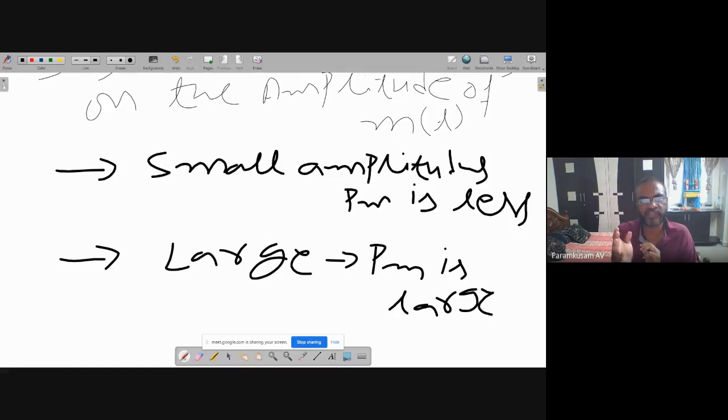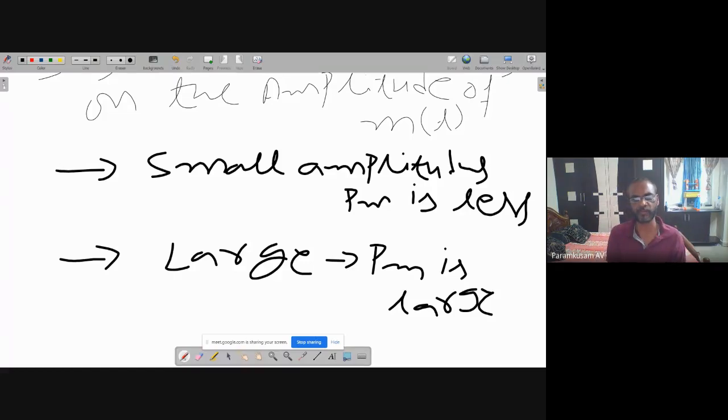So noise power is fixed, but signal power varies with the amplitude of the message signal. For small amplitudes the signal power is less, so the signal to noise ratio is less. For large amplitudes the signal power is more, so the signal to noise ratio is more.